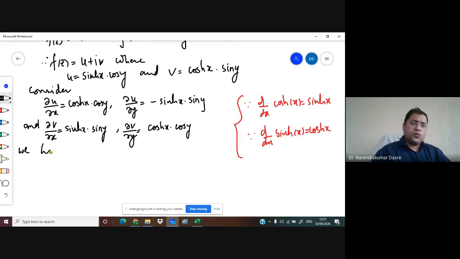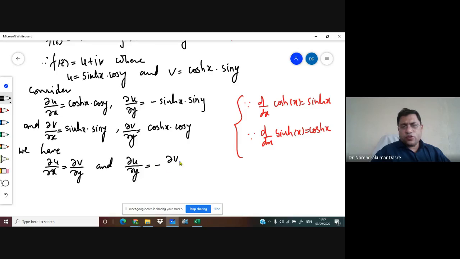Now this term is exactly the same as this term, and this term is the negative of this term. So we can say that the partial of u with respect to x is equal to the partial of v with respect to y, and the partial of u with respect to y is equal to minus the partial of v with respect to x.